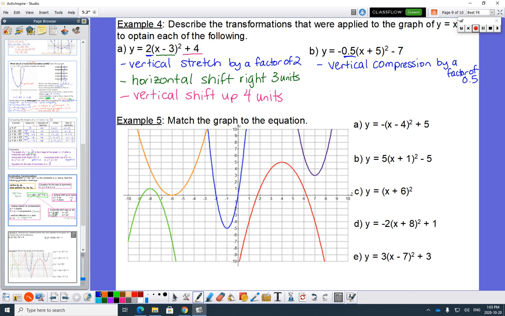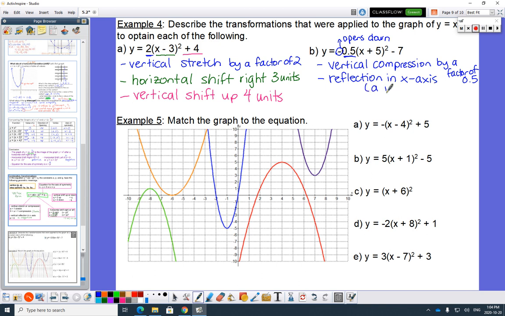So here, we actually have two transformations to talk about with the a value. So this is negative, so we say, what's the opening? It opens down. But when you're talking about the transformation, you should say reflection in the x-axis.